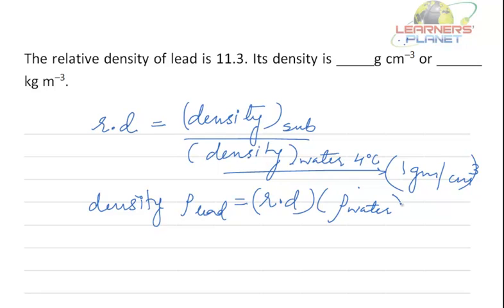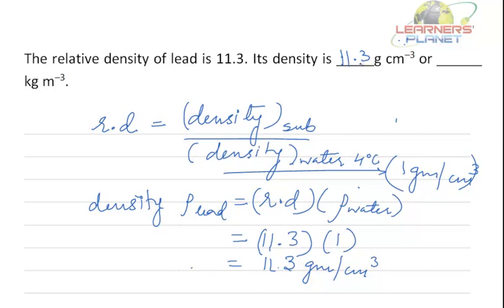Rho is the symbol of density. So what is the value? It is 11.3 relative density, and this is 1. So you are going to get 11.3 gram per centimeter cube.